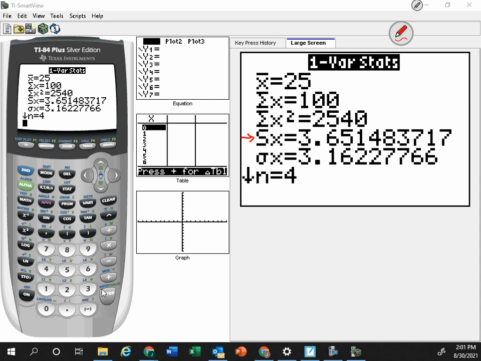Does that make sense, why I'm picking that one and not the one with the actual sigma in it? If it was sigma, what would it be telling me the standard deviation of? The population, yeah. And we just have a sample of 4 people. So we're using the S sub x for our standard deviation.